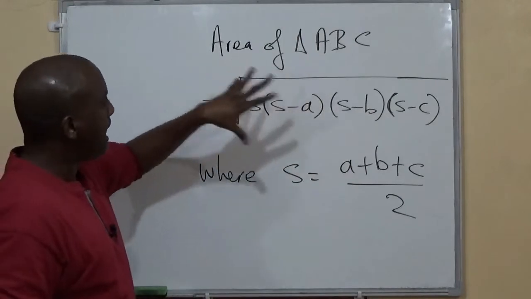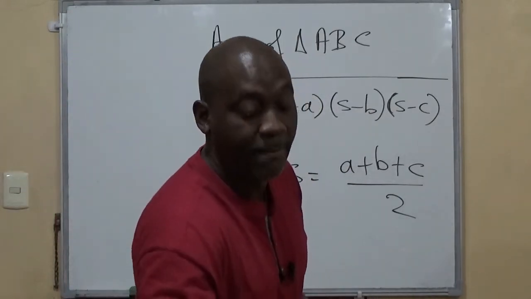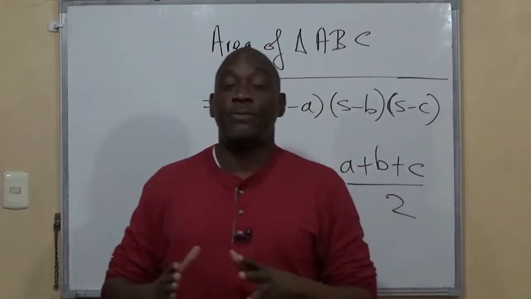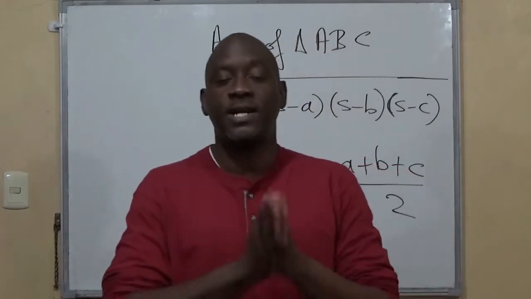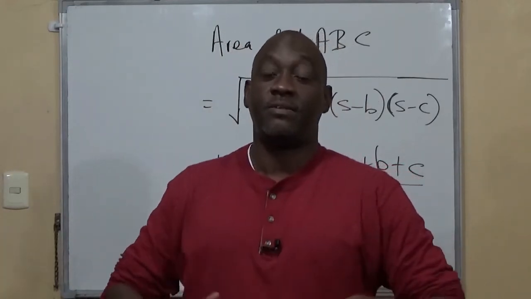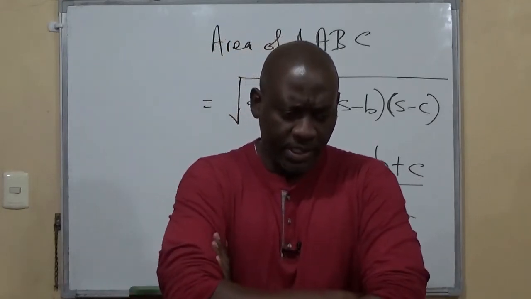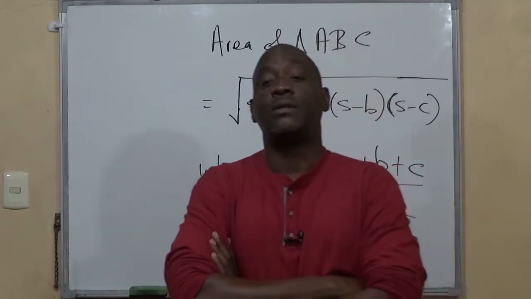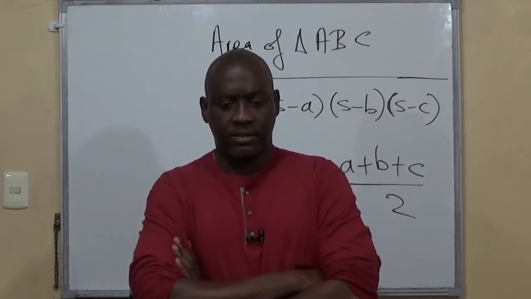And this video is designed to prepare students for the possibility that you may get a triangle where Heron's formula is the only option in terms of finding the area of the triangle. And you know how we stop in this part of the world, simply because it is not familiar.